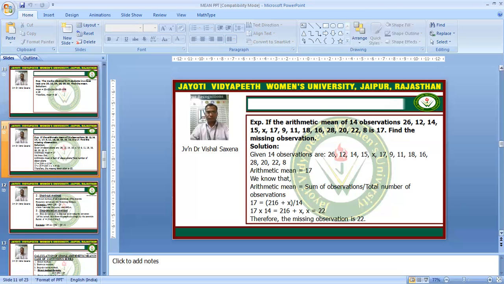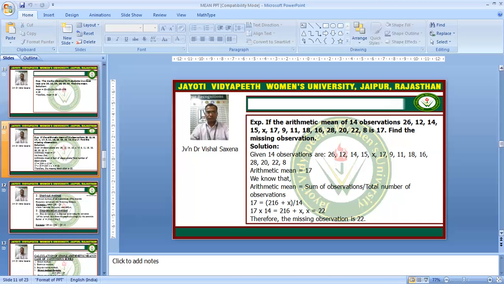Given 14 observations are 26, 12, 14, 15, and then x, 17, 9, 11, 18, 16, and 28, 20, 22, and 8.